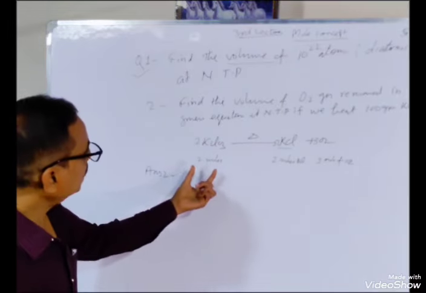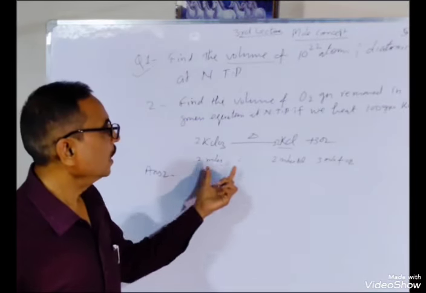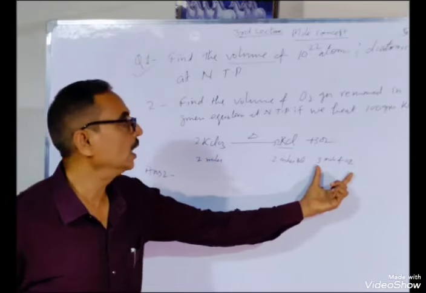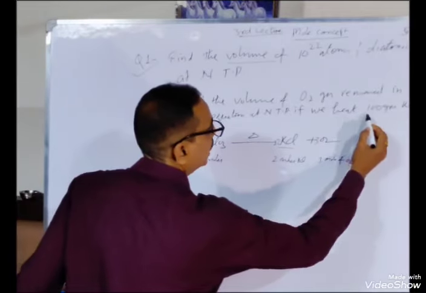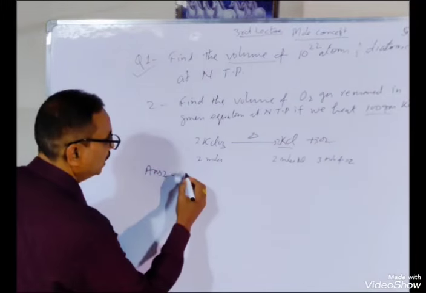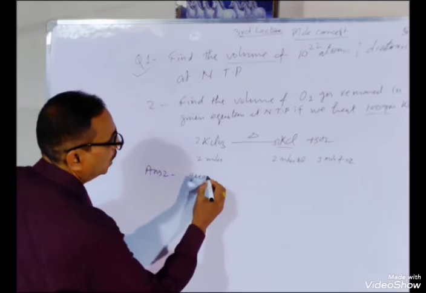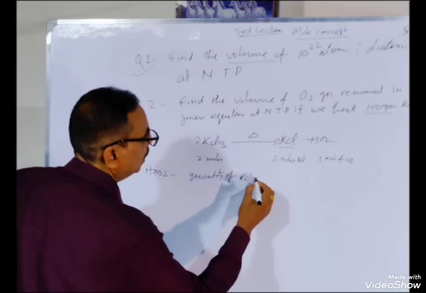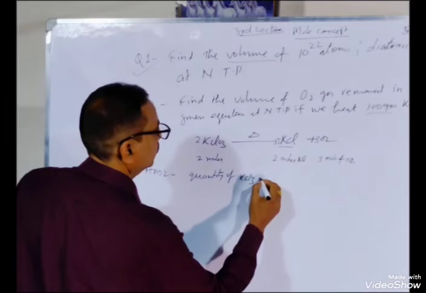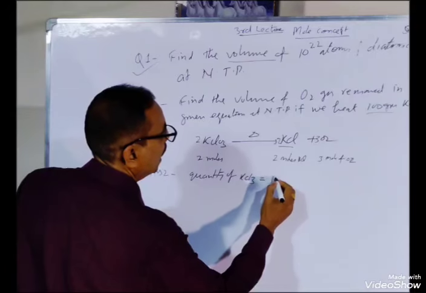So from here it is clear 2 moles give 3 moles of oxygen. Now from the question, the quantity of KClO3 is given, it is 100 gram.